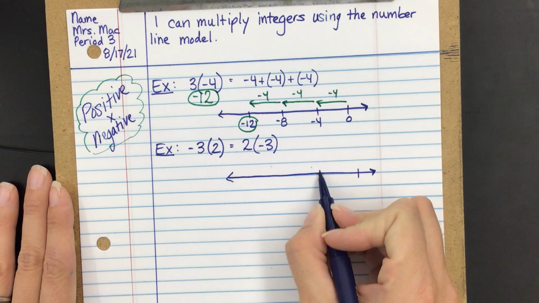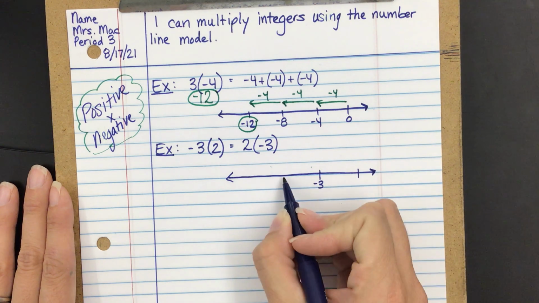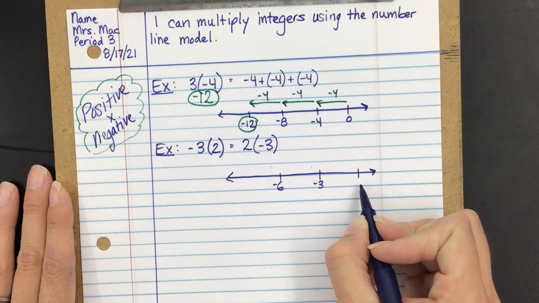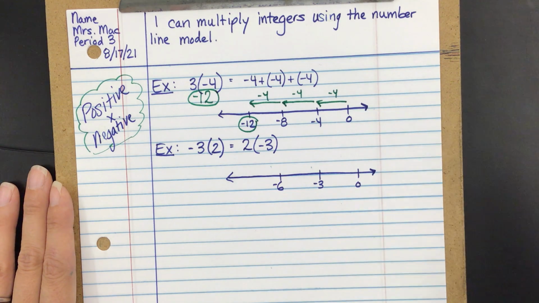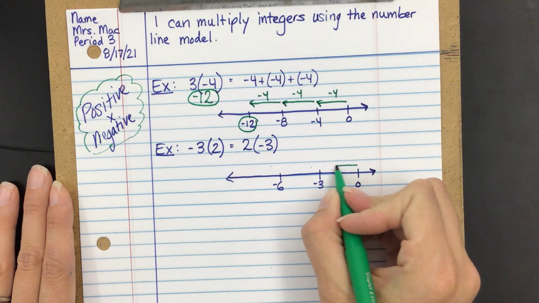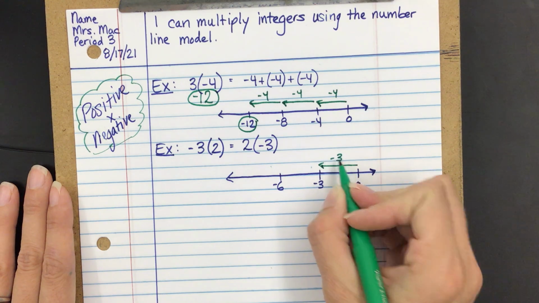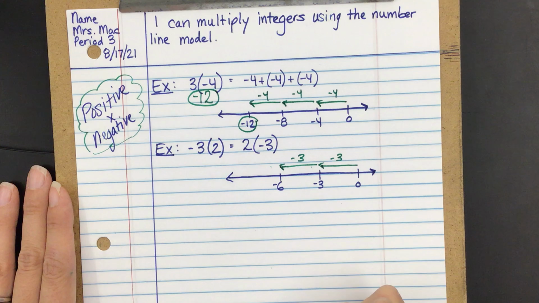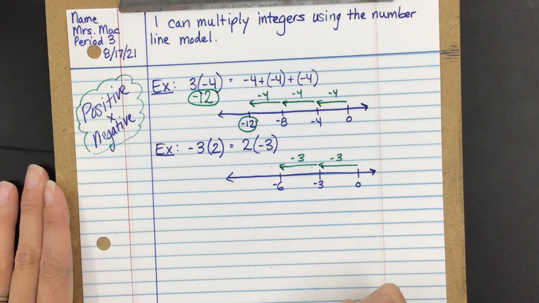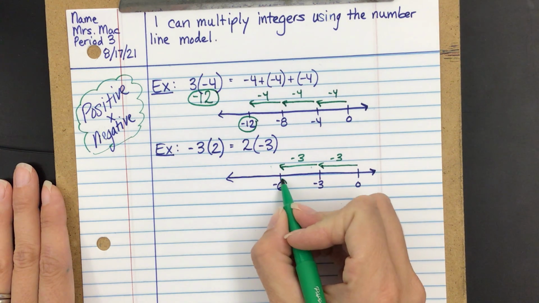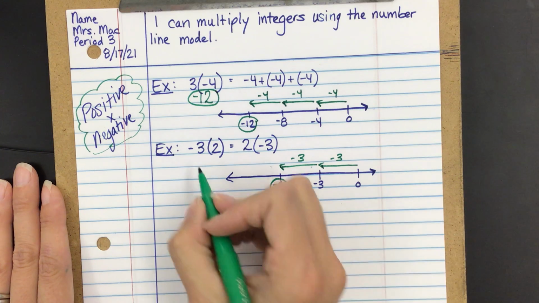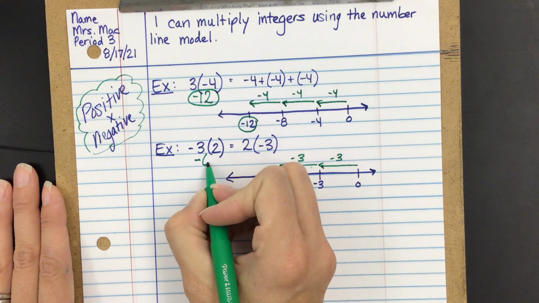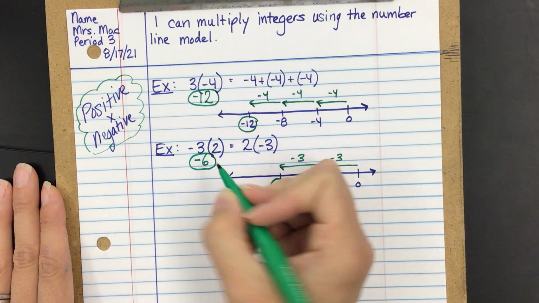So we're going to go -3 2 times. So -3, -3. And we're going to land at -6. So the value of this is -6.